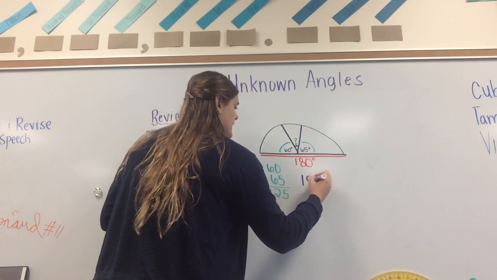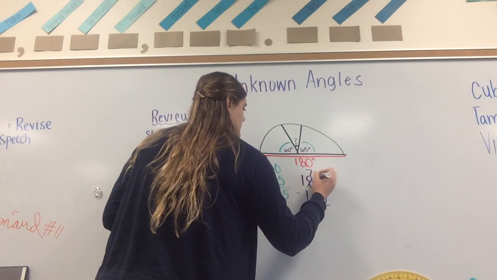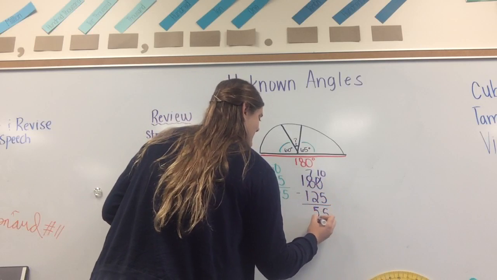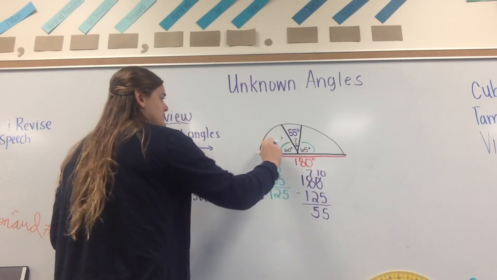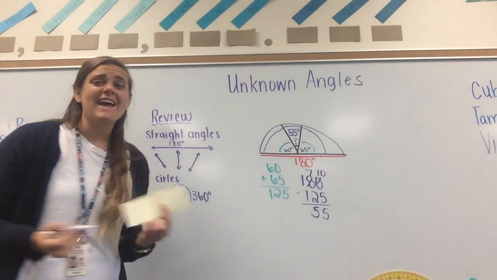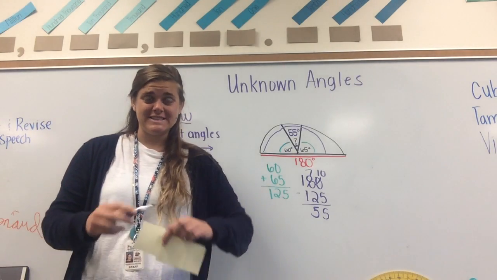So 180 minus 125 would be 55 degrees. And the total of these three angles here, 1, 2, 3, is a half turn. So we know it has to equal 180 degrees.